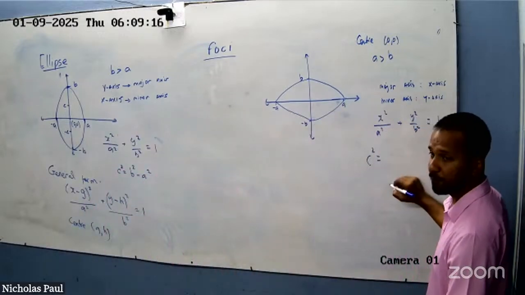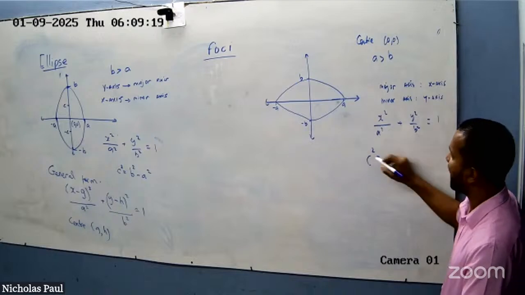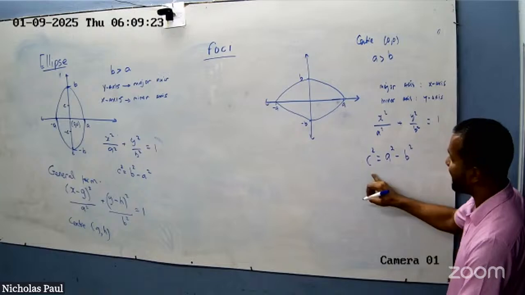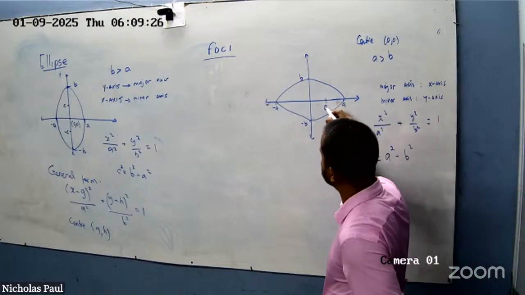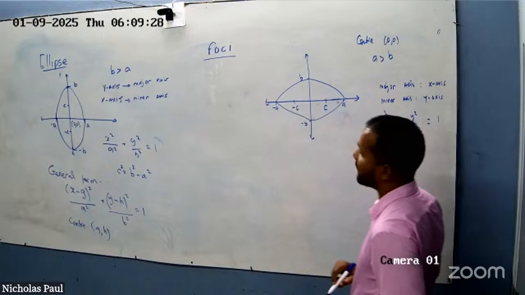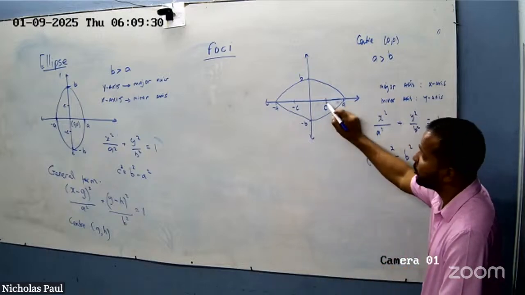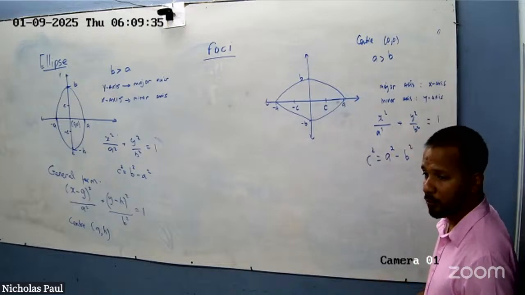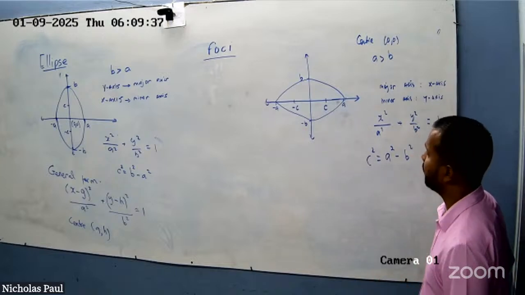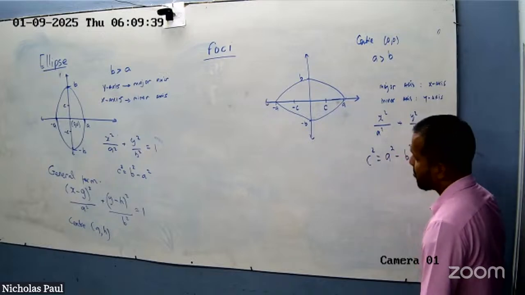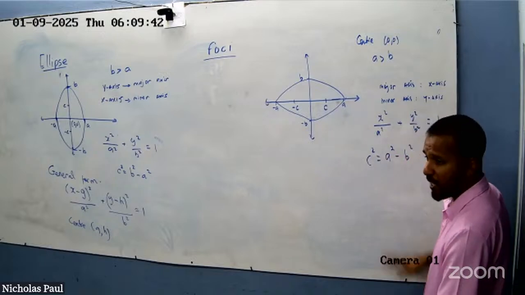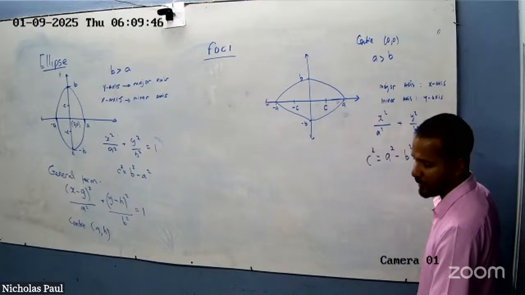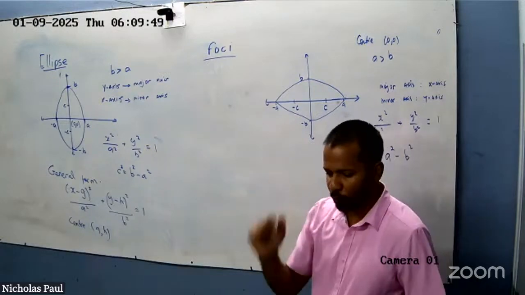This one would be a, because a is larger, so it will be a squared minus b squared. That helps you find this special point c and this special point minus c. Just like how you have a center and radius for a circle, the special points on an ellipse are the foci. And I will show you when we do locus why it's so important.